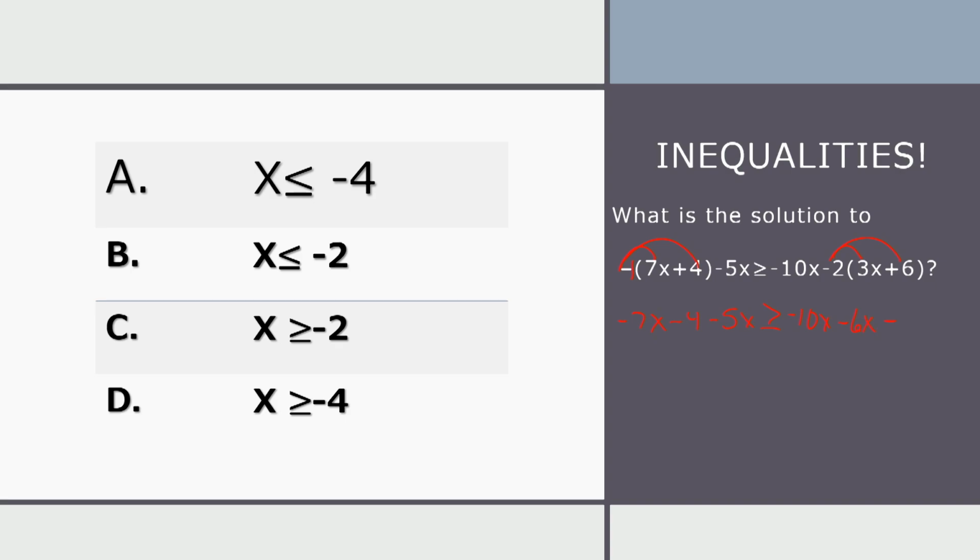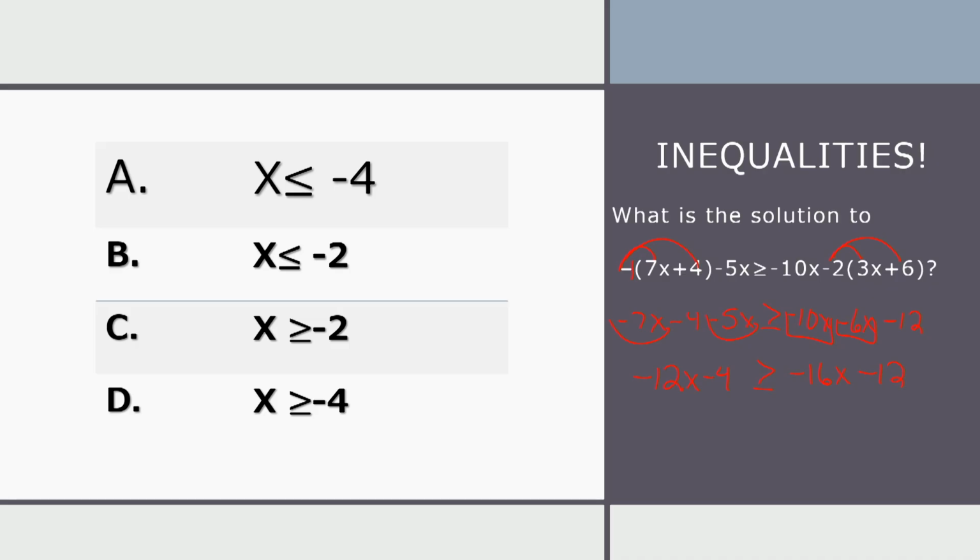Negative 6x minus 12. Going to put like terms together. Negative 7x minus 5x is going to be a negative 12x minus 4. Put these two like terms together. Negative 16x minus 12.